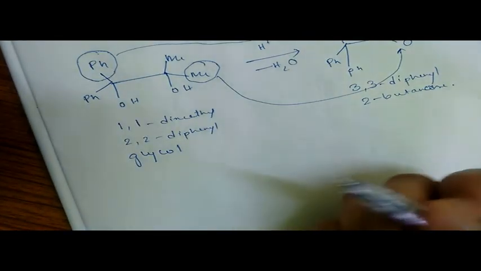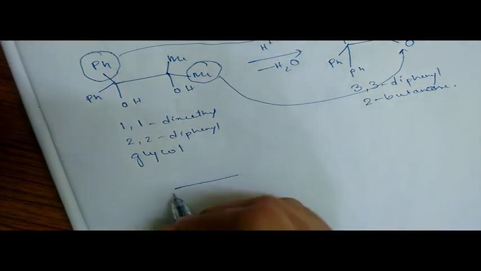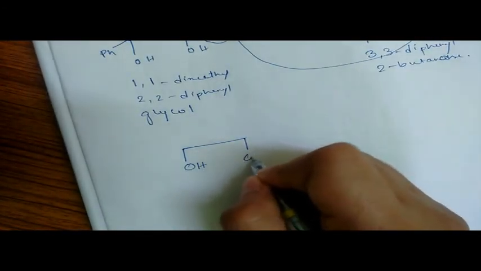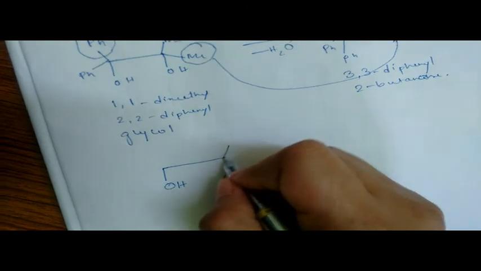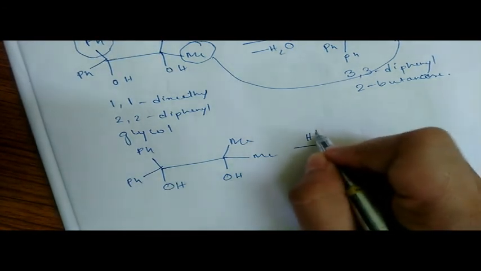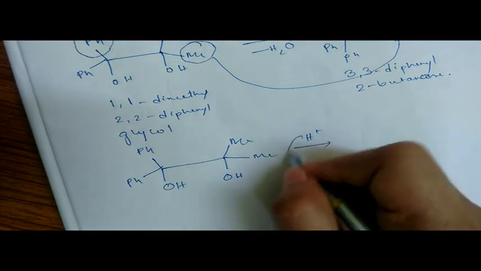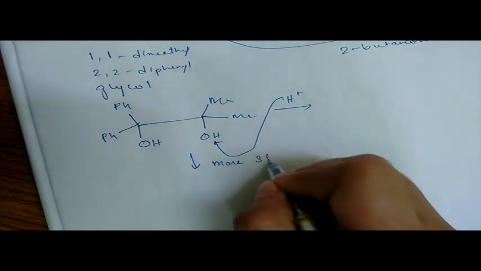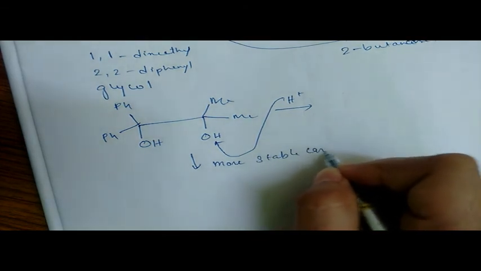The reason is, here the proton from the acid source has a choice to attack either of the OH groups, but it will attack that OH group which will generate a more stable carbocation.